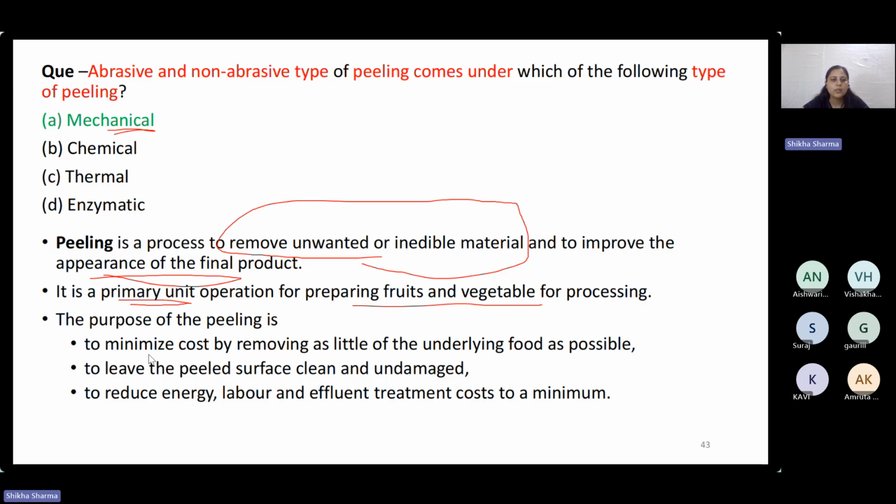We do peeling because we want to minimize cost by removing as little of the underlying food as possible, to leave the peel surface clean and undamaged, and to reduce energy, labor, and effluent treatment cost.